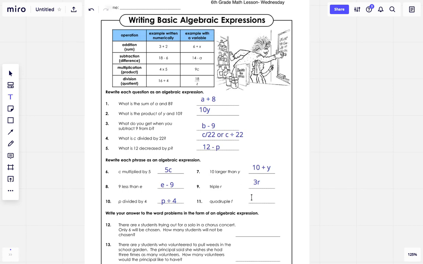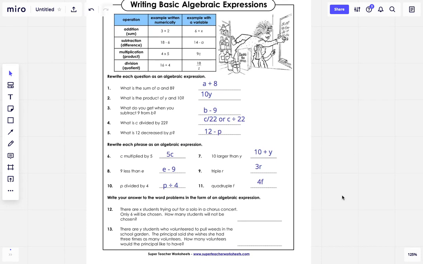Number 11, quadruple F. So quadruple, quad means 4, and to quadruple something means to times it by 4. So quadruple F would be 4 times F, or 4F.